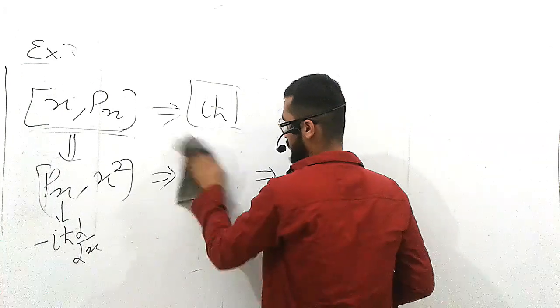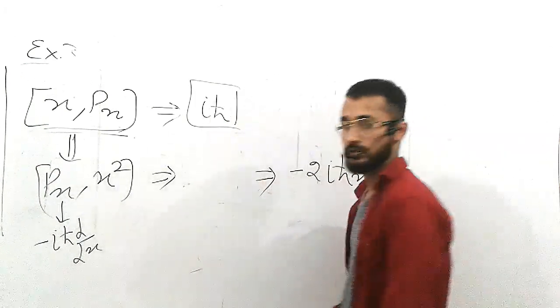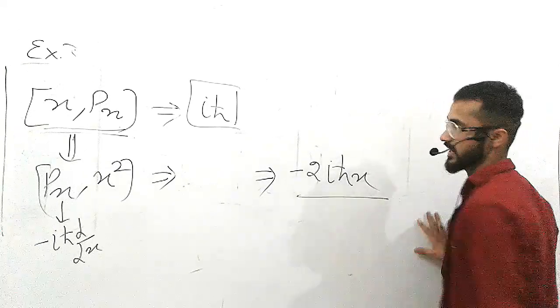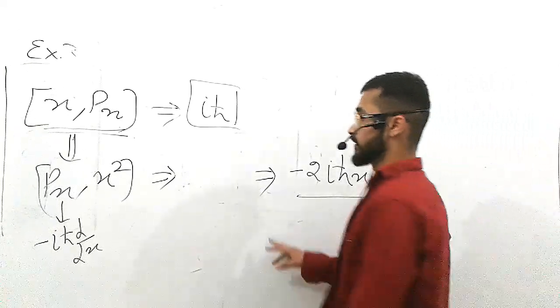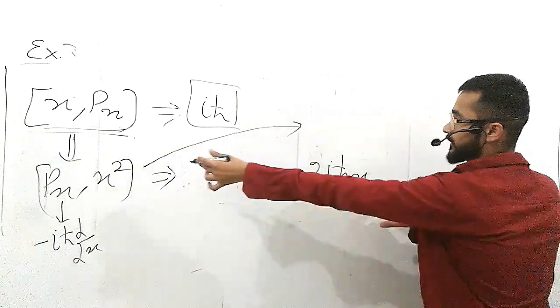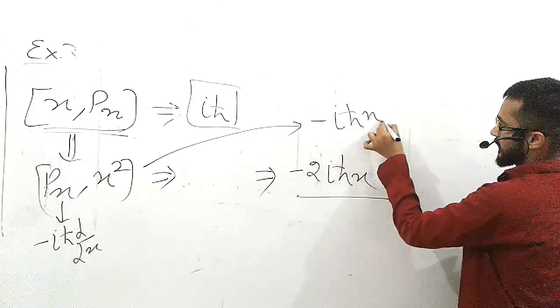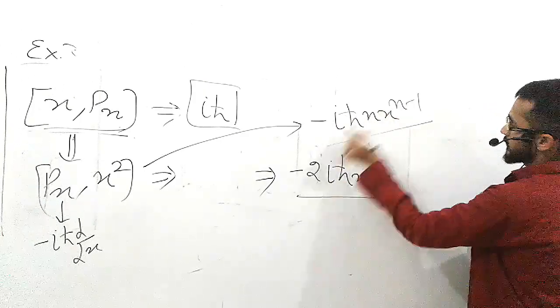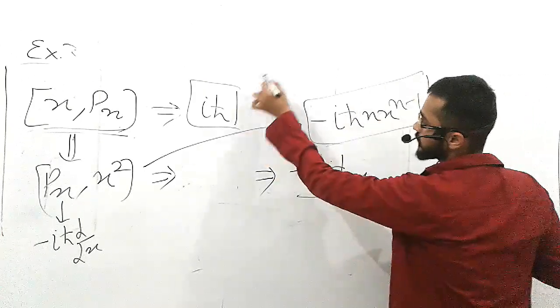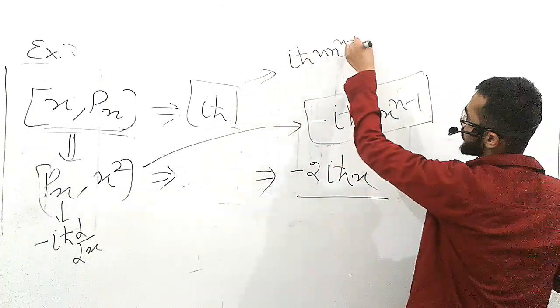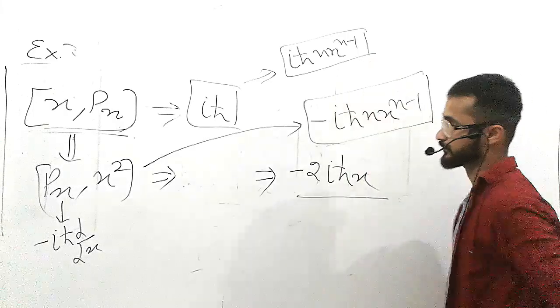The basic formula you have to remember, and we'll apply here, minus 2 iota h cross x. So the basic formula for this is minus iota h cross n x power n minus 1, and for this, iota h cross n x power n minus 1.